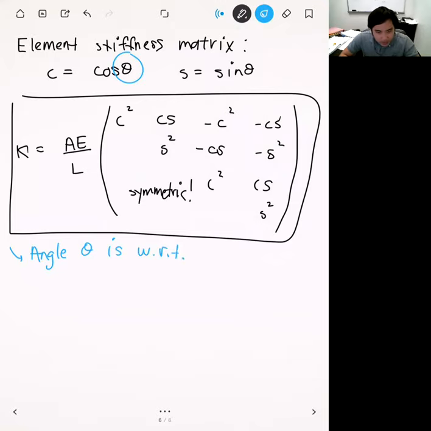And so the angle theta that you plug into here is always with respect to the positive x-axis. Okay. And that's considering the fact that you draw a vector arrow from the lower numbered node to the higher numbered node.